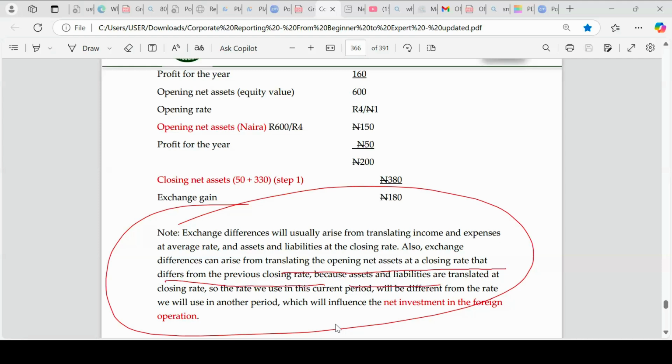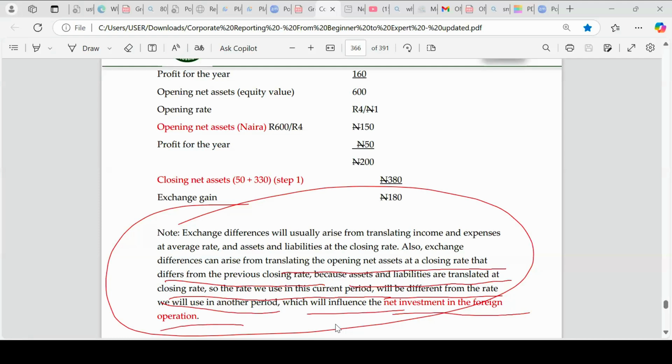Now, because assets and liabilities are translated at closing rate, the rate we use in this current period will be different from the rate we use in another period, which will influence the net investment in the foreign operations.